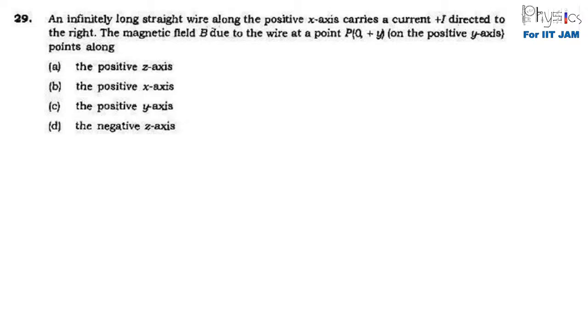The magnetic field B due to the wire at a point P (0, plus Y) on the positive y-axis points along option A, the positive z-axis, option B, the positive x-axis, option C, the positive y-axis, option D, the negative z-axis. Okay, so tell me which is the correct option here. Is it A or B or C or D?